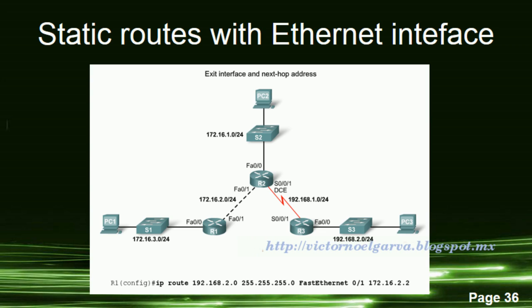One might ask, is there any way to configure a static route over an Ethernet network so that it does not have to use the recursive lookup of the next hop IP address? Yes, this can be done by configuring the static route to include both the exit interface and the next hop IP address.